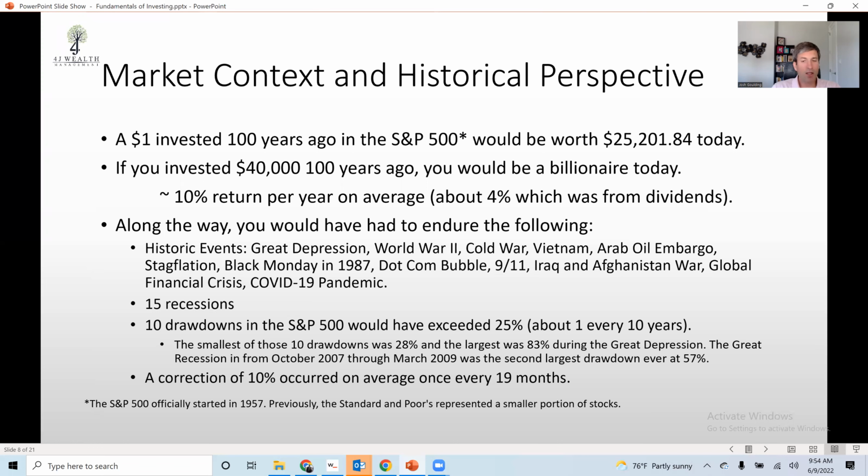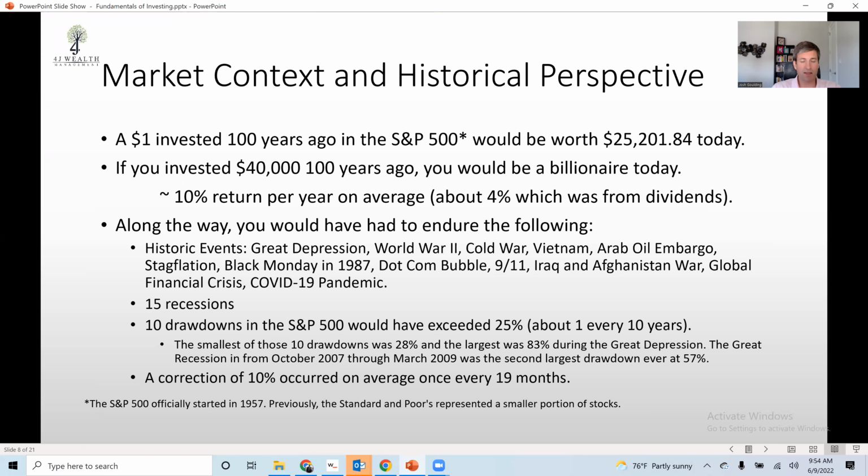Now, during each of those drawdowns and each of these historical events, there are many people who thought that this was basically the end, that they were going to lose all their money. And in many cases, they had to endure very significant losses, at least on paper, and not sell in order to receive the benefit of these long-term returns that we're talking about, like the 10% per year.